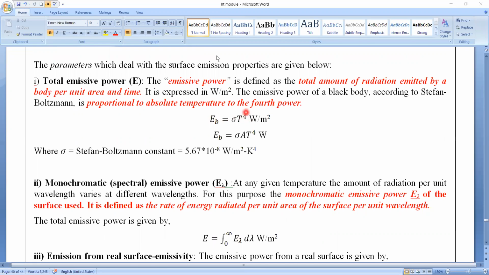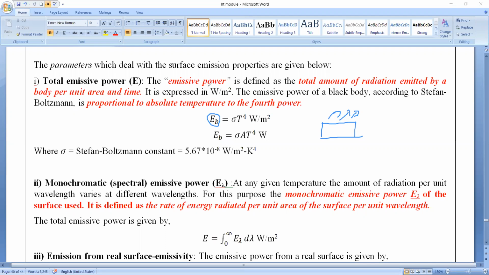Remember students, the emissive power of a black body is maximum compared to all the other bodies. I repeat, the emissive power of the black body is maximum compared to all the other colored bodies. It may be the white body, the blue, the red, the gray, all the others.